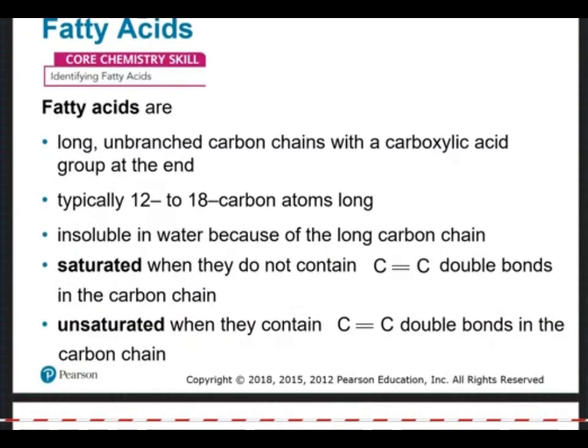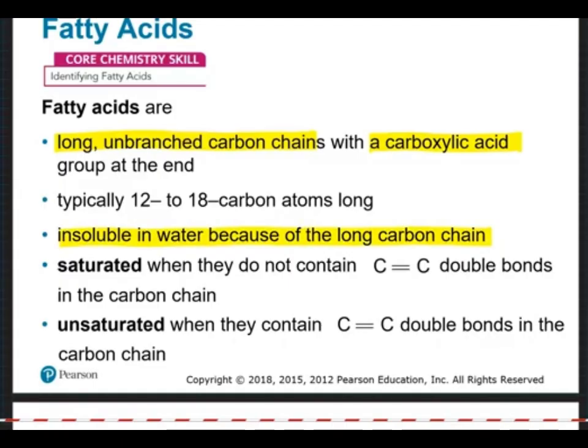So why do we call them fatty acids? Well, we call them fatty acids because they can be found in fat. But they are carboxylic acids with a very long and, importantly, unbranched carbon chain. It can be 10, 12, 16, 18 carbons. Because of that long and nonpolar carbon chain, they're not soluble in water.